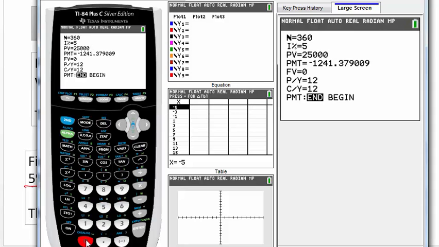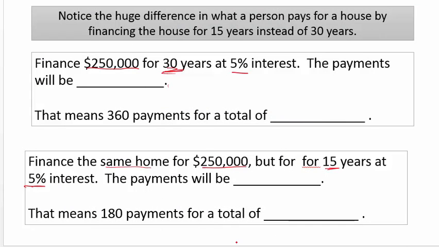Now I'm hitting alpha enter to find my payment. $1,342.05.